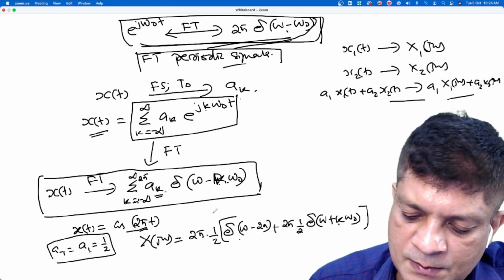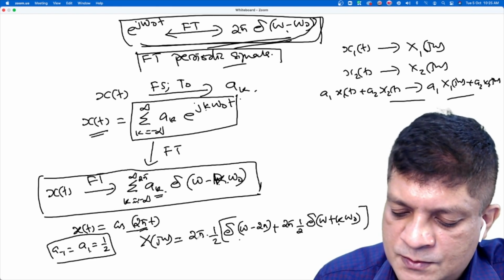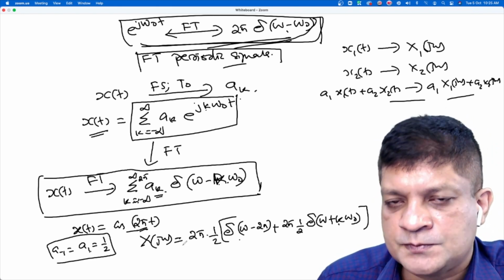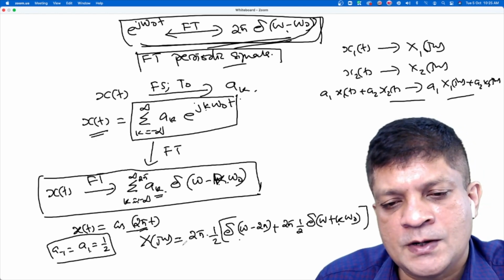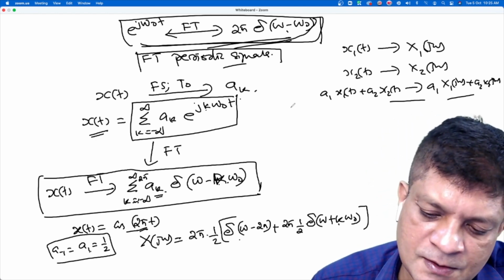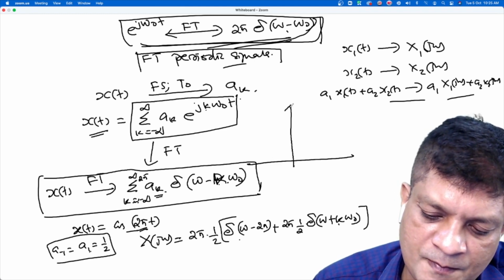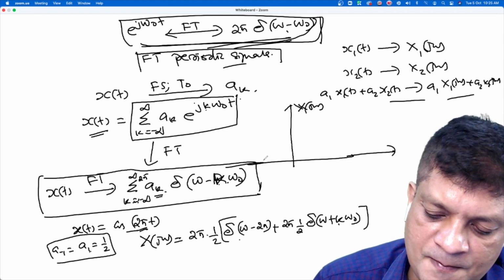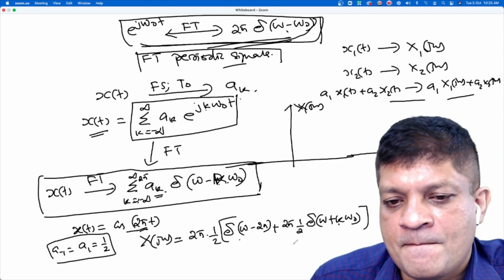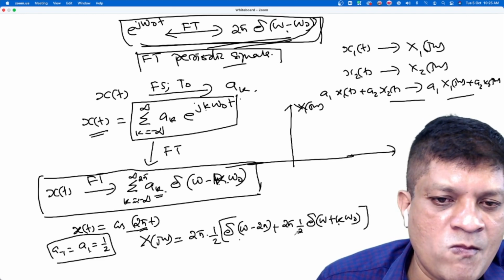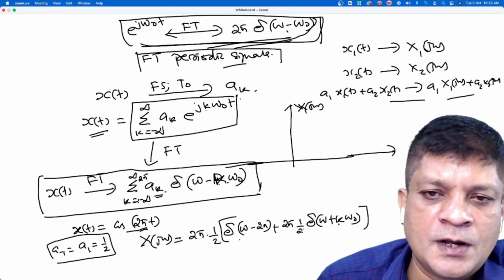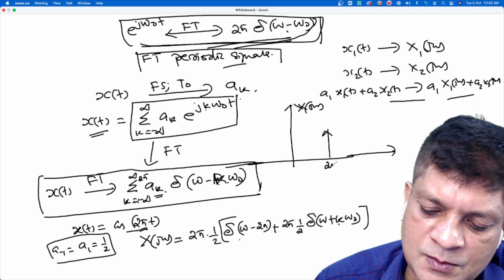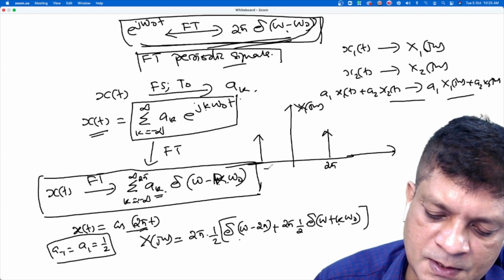Now what is the spectrum of the signal? Is it a real valued spectrum or complex valued spectrum in this particular case? It is real valued. So we can directly sketch X of j omega. There are two impulses, one at 2 pi and the other one at minus 2 pi.